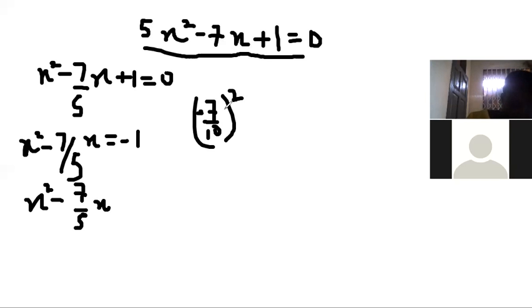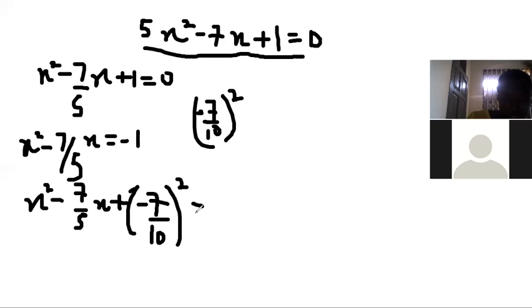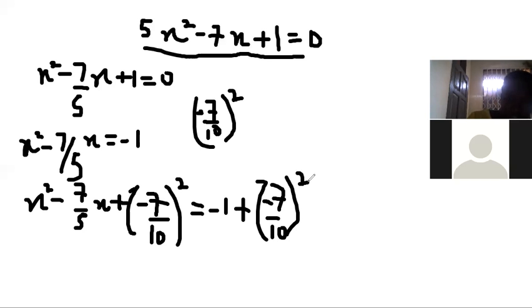So this will be plus negative 7 all over 10 squared is equal to negative 1 plus negative 7 all over 10 squared.